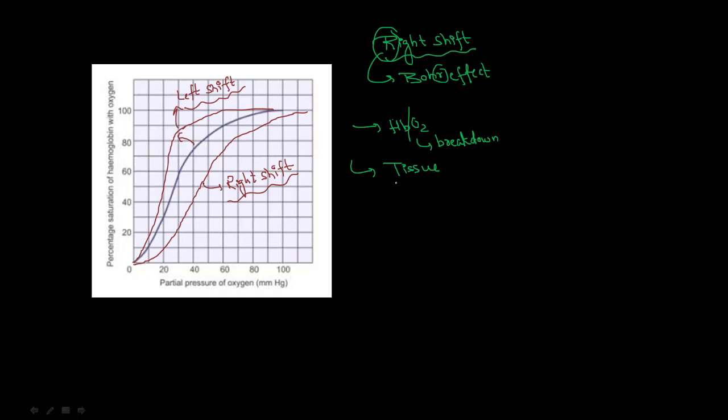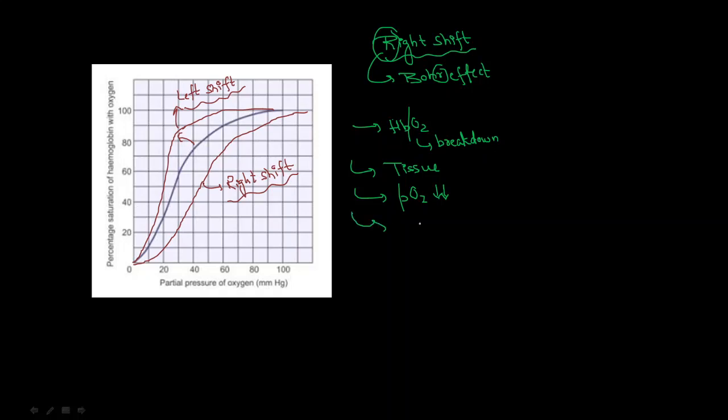So the site will be tissue, okay? So in your tissues, partial pressure of oxygen will remain low. It will remain low because oxygen is getting delivered to the tissues, okay? The partial pressure of oxygen is low.